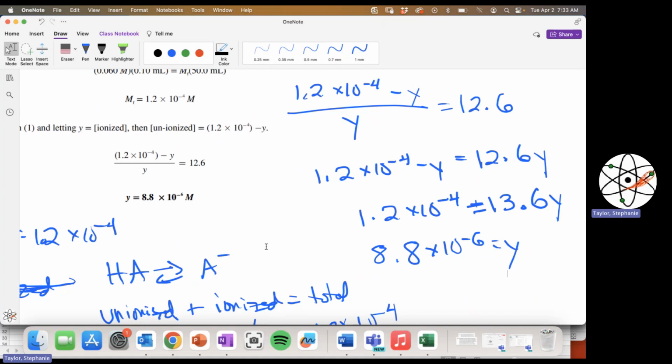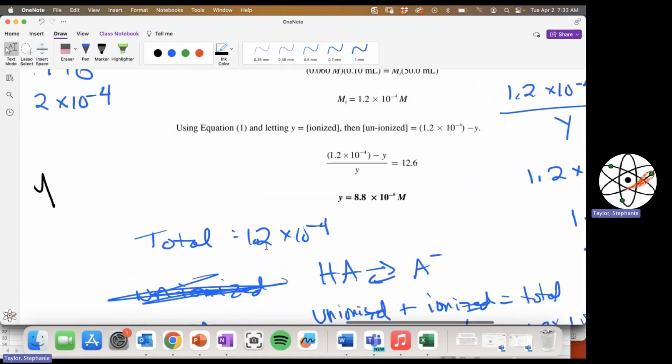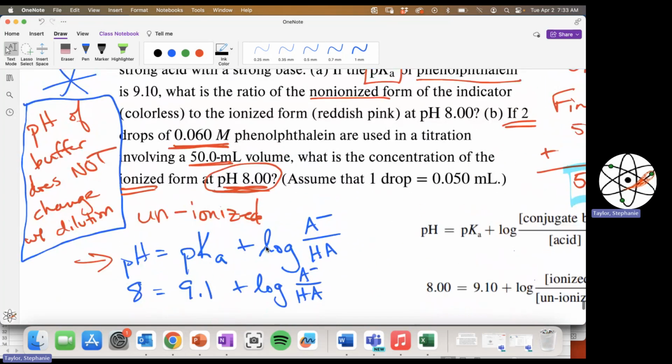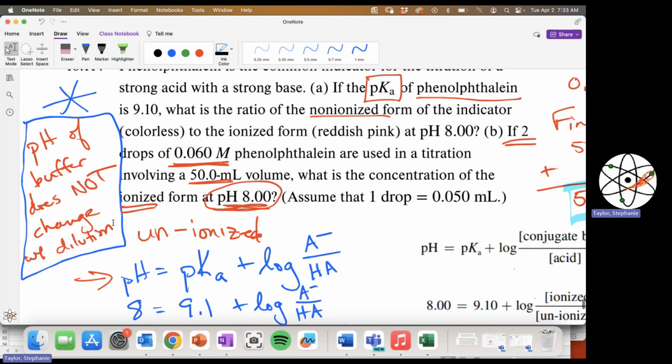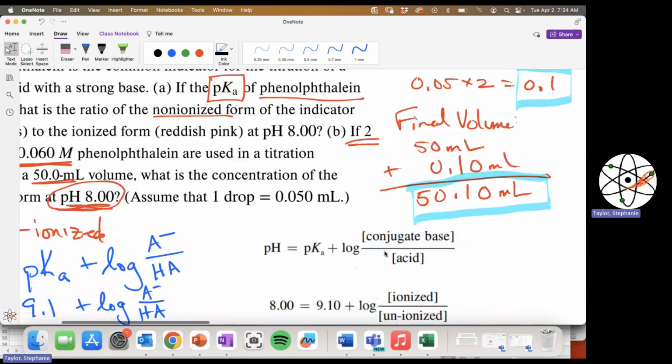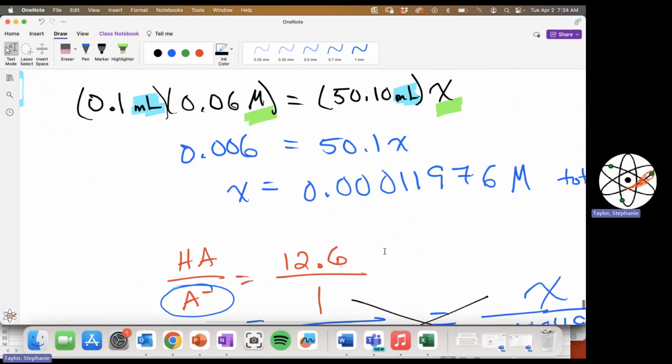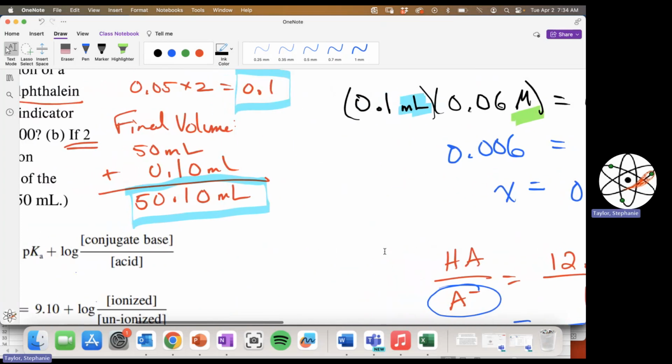I'm still going to stand by what I said originally, which is really the point that I would take home from this, to make sure that you're okay with: the pH of the buffer does not change with dilution. But hopefully that helps. Honestly, that part B of the math, I would really not worry about this at all.